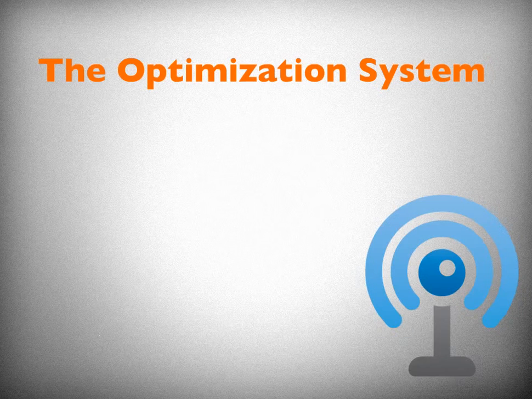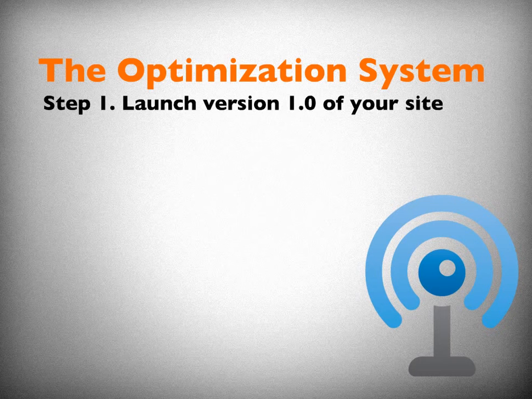So I call it the optimization system, optimizing your website for sales. Step 1 is to launch version 1.0 of your website. Now I use the terminology version 1.0 because that's a software term, meaning there will be future versions of this website. Just like with software, when you have version 1.0, it indicates there will be version 2.0 and 3.0.